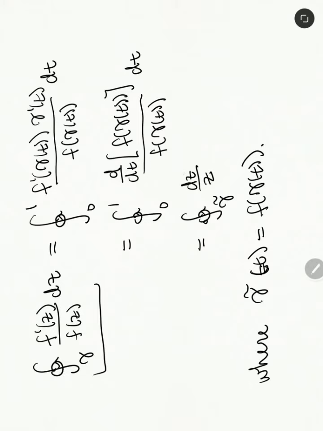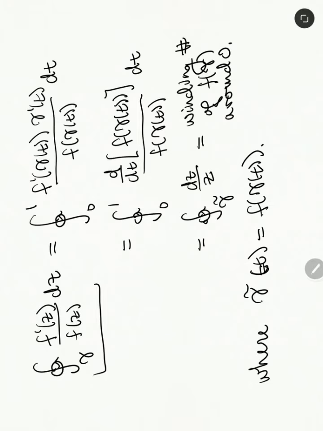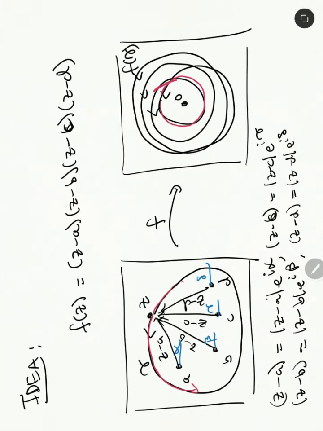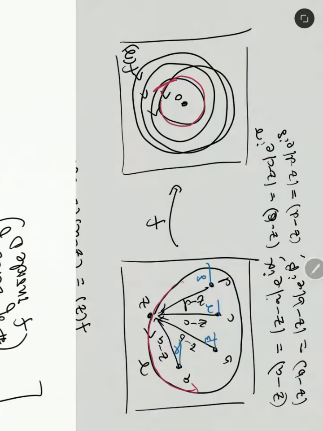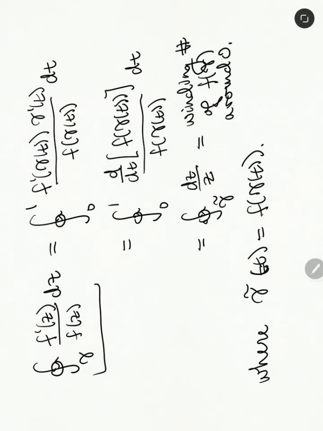And this is the winding number of f of gamma around 0. Okay, so this is the idea behind the theorem here. So this is the number of zeros inside.